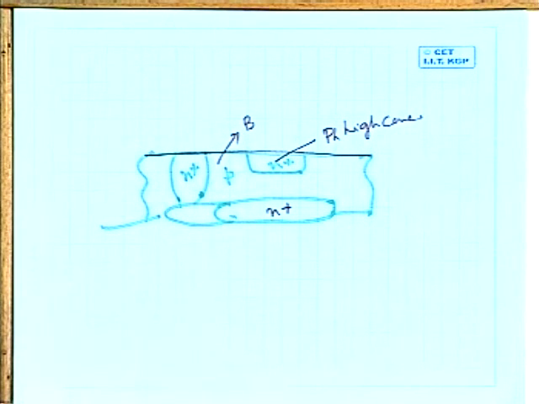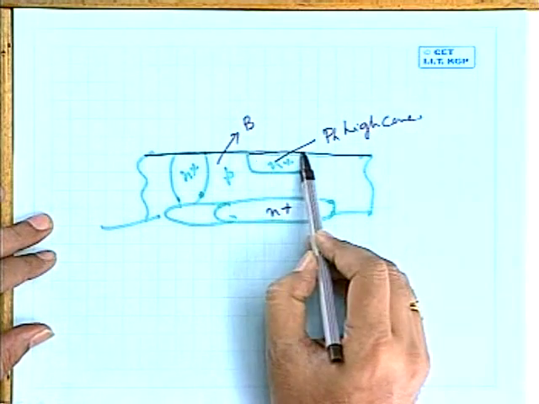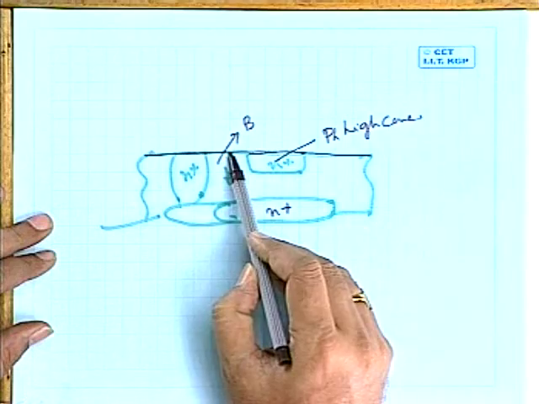In the highly concentrated region the oxidation rate is faster. That means what will happen? In this region the silicon dioxide will grow at a faster rate compared to this region.